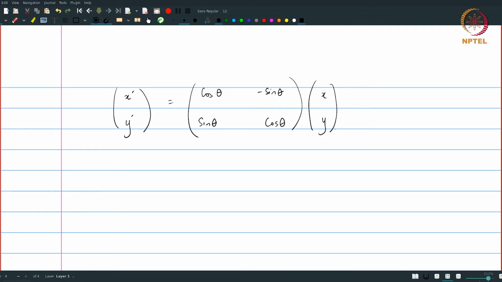Okay. So now how does this help us? Step 1 would be rotate by minus 45 degrees and check the result: y greater than or less than 0.